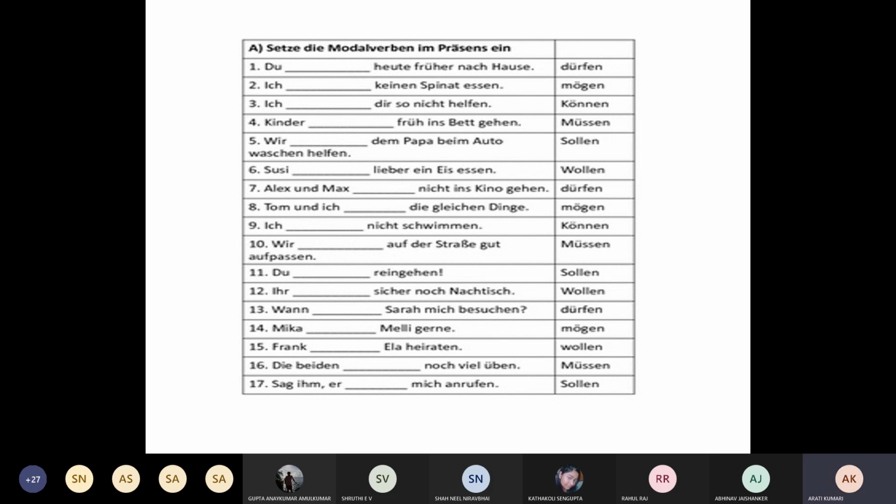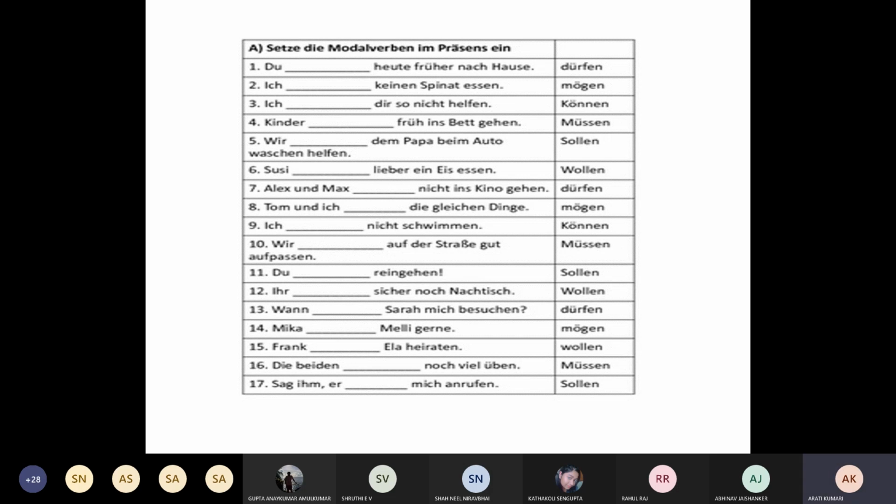And we'll do quickly a little bit of some of this exercise, and then we'll also do the exercise on the next page. So this exercise will help you to memorize or understand the conjugation part more.